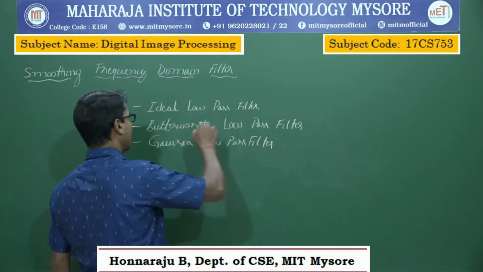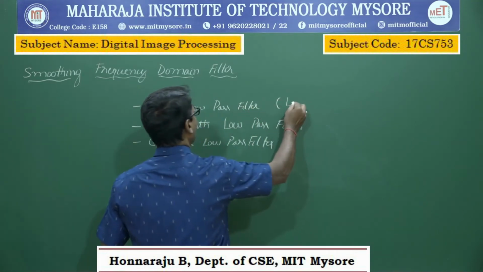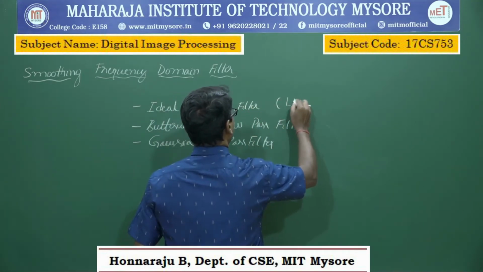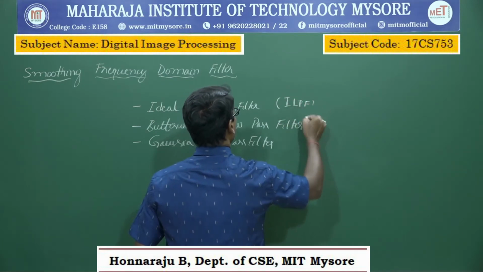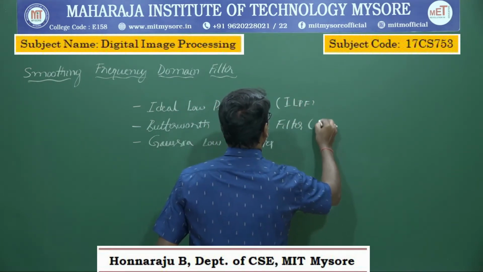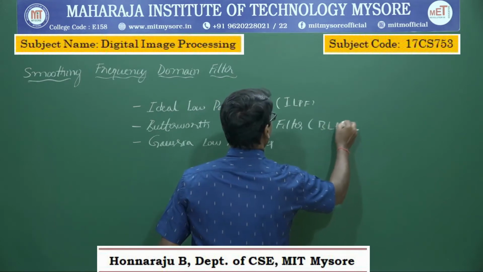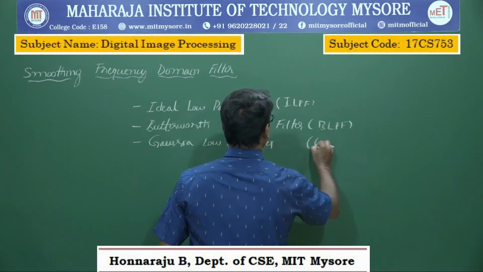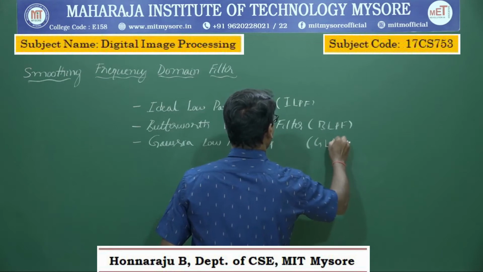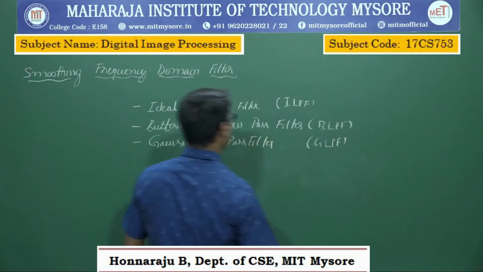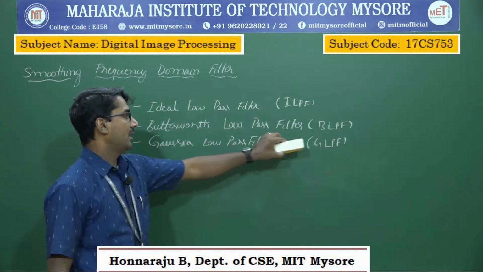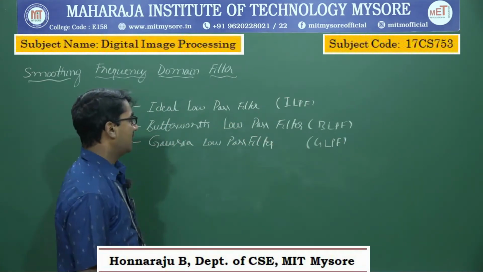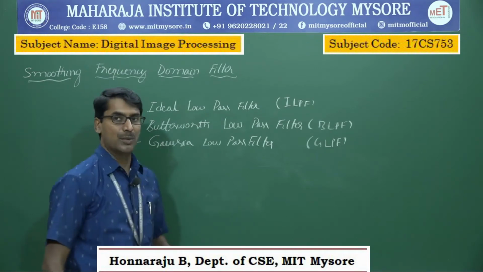The first one is the ideal low pass filter, ILPF, then BLPF, then GLPF. So, ILPF means ideal low pass filter, BLPF means Butterworth low pass filter, and GLPF means Gaussian low pass filter.